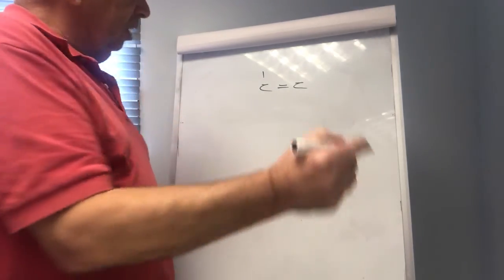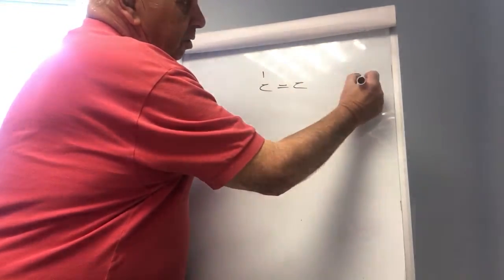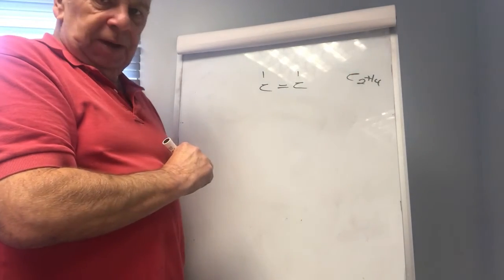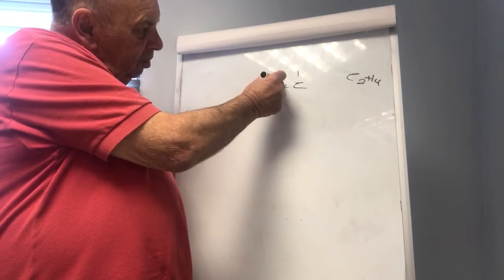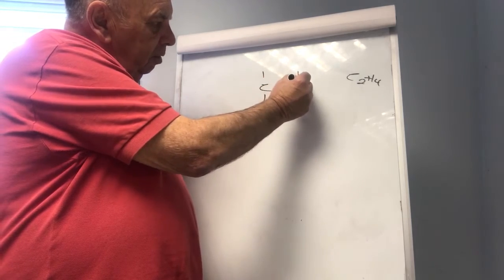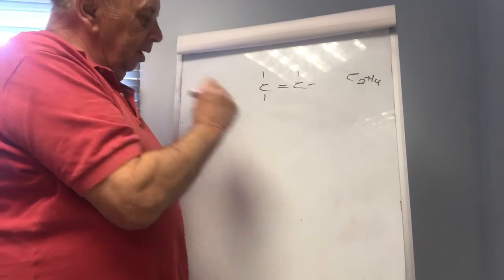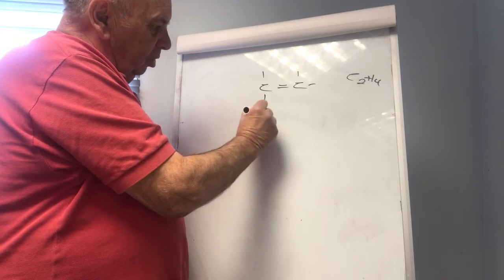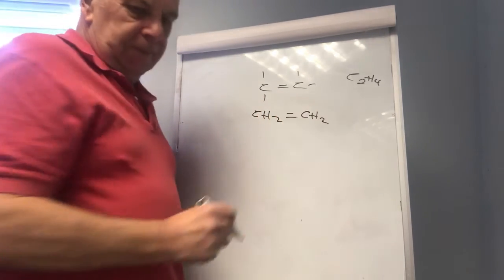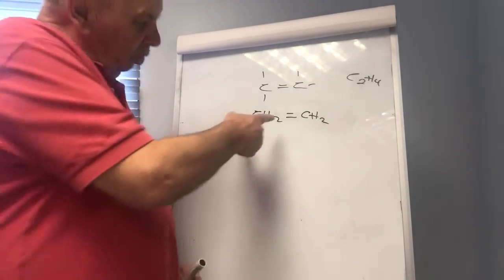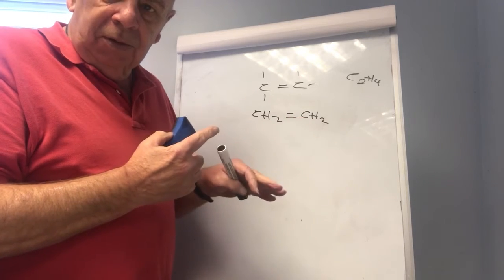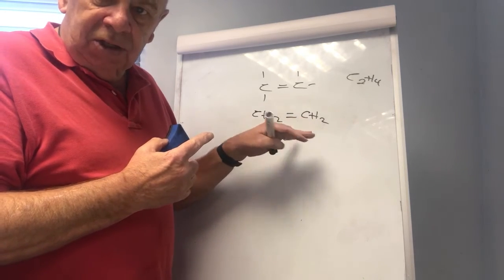So for C2H4, its structural formula would be CH2 double bond CH2. When we've got a double bond, it's said to be unsaturated.